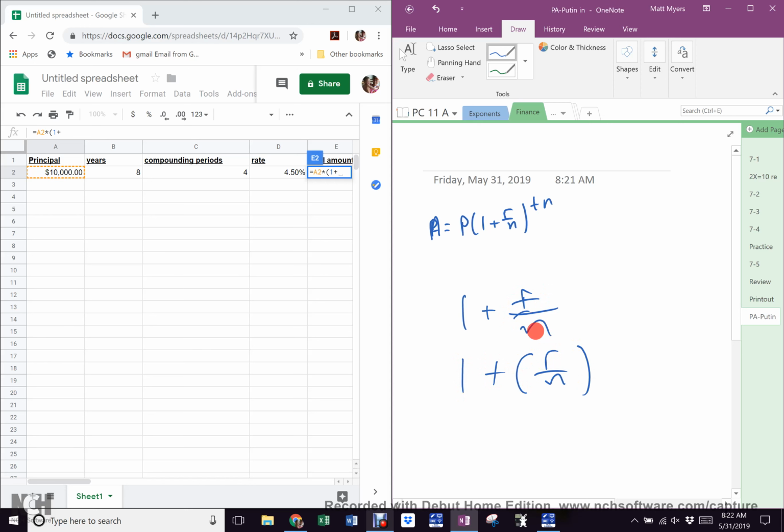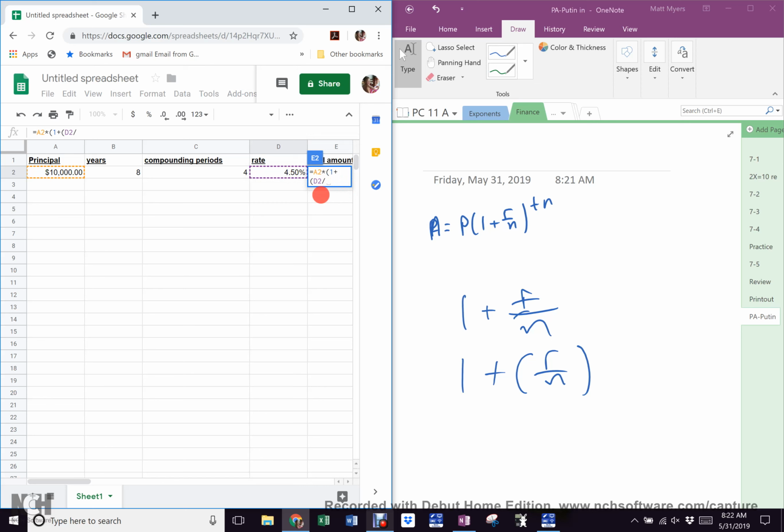So I'm going to need to nest another set of brackets in here. Bracket. Where is our R, our rate? D2, so I'm going to click on D2. And what does D2 have to happen? It's going to divide, right? Divide is just the question mark key. It's a slash.